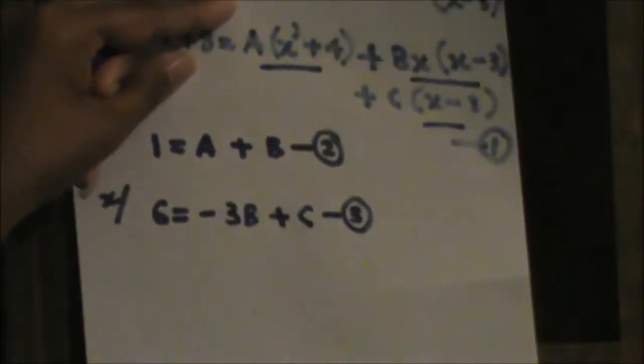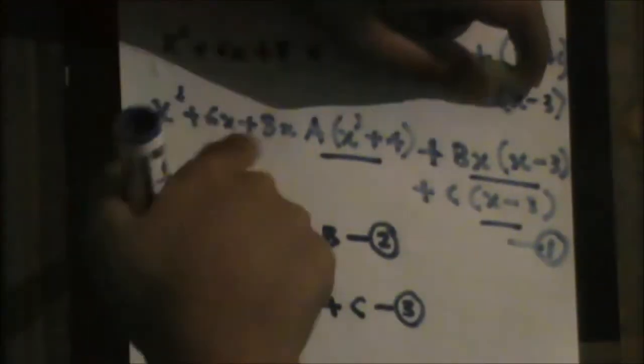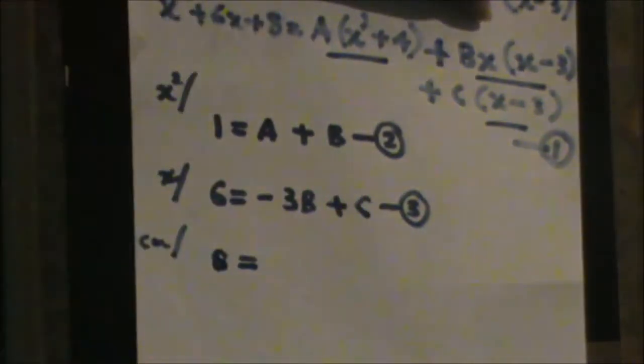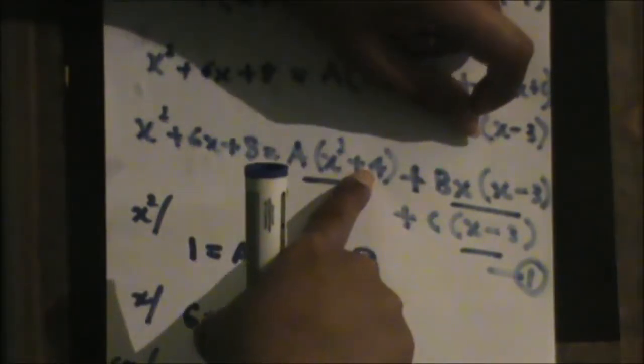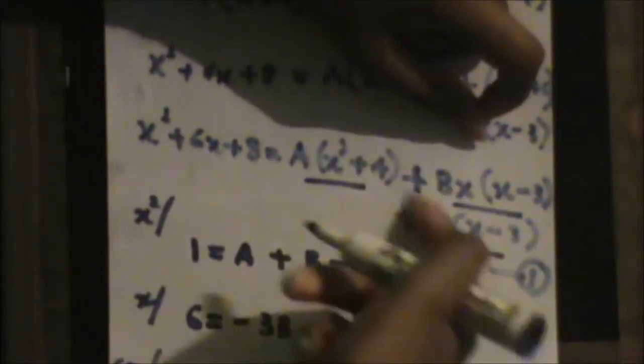So I have 3 unknown terms, so I need 3 equations to solve. So my next equation will be by equating the constants. The constant on the left hand side is 8, so 8 equals, a times plus 4 is plus 4a, right?